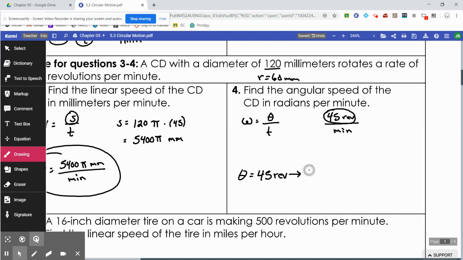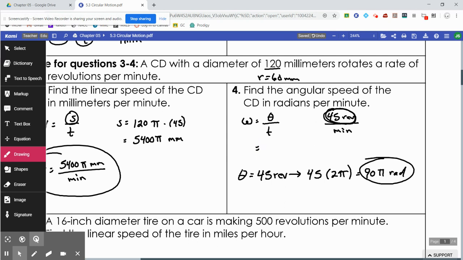The way that we're going to do that is 1 revolution is equal to 2 pi radians. So for 45 revolutions, we're simply going to do 45 times 2 pi, and that's going to be 90 pi radians. That's the exact same thing as 45 revolutions.